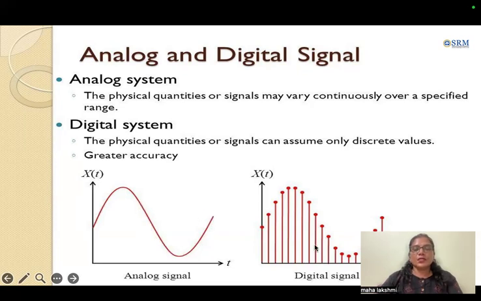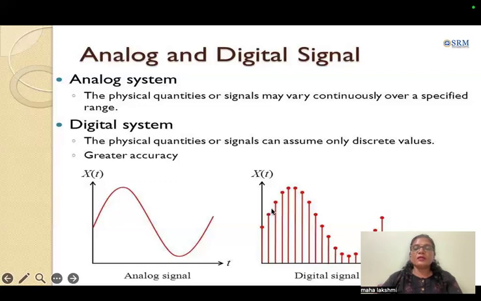If you consider digital signals, the physical quantities or signals can assume only discrete values. They will have great accuracy. If you see here, the same signal in discrete nature is represented only at certain time periods. At the zeroth time, or 0.5 milliseconds, or 1 millisecond alone, we are representing the values.